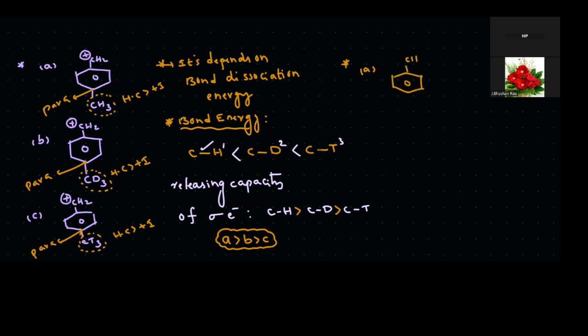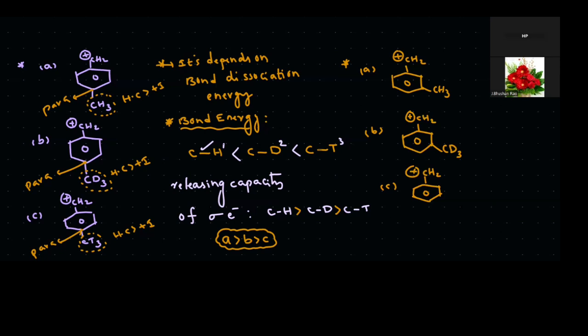So here the CH3 group is present at the meta position. Next, compound B, benzyl carbocation. Here the CD3 group is present at meta. Next, the third case, CH2 plus with CT3.